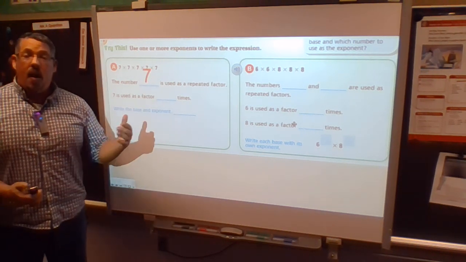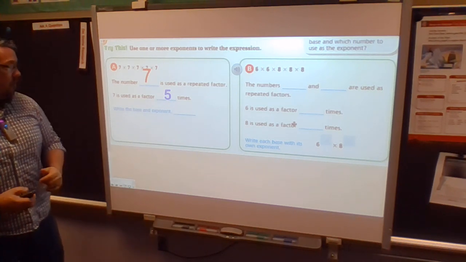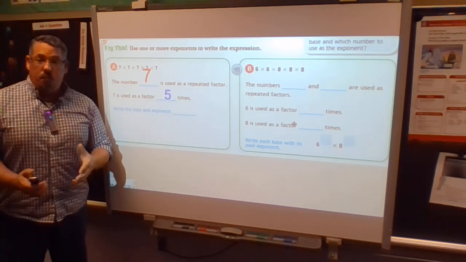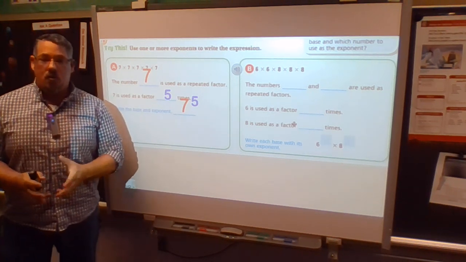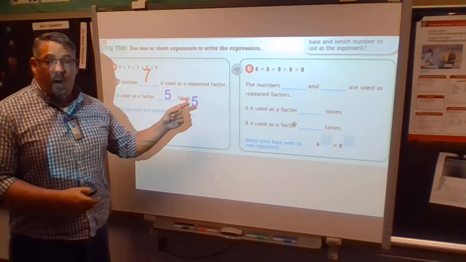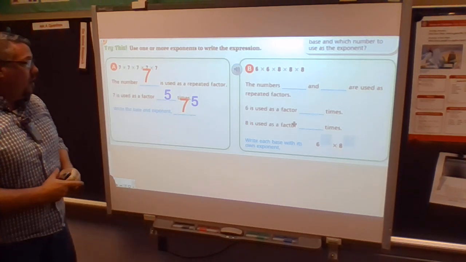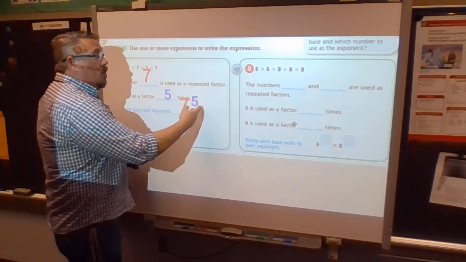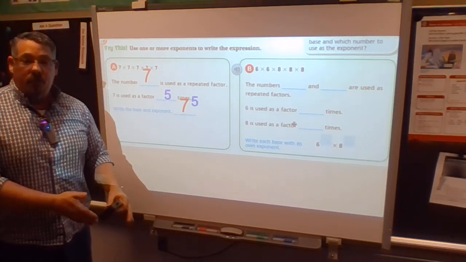So I have a repeated number 5 times. When I write it as an exponent, I have my base first, which is always going to be larger, with my exponent to follow, always floating up in the top right-hand corner. So I have 7 to the 5th power, or 7 with an exponent of 5.